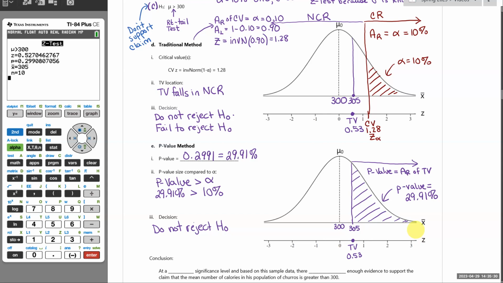Okay, so when you make a decision for the traditional method, it better be the same decision as you would make if you had used the p-value method, because we're just doing the same problem in 2 different ways.